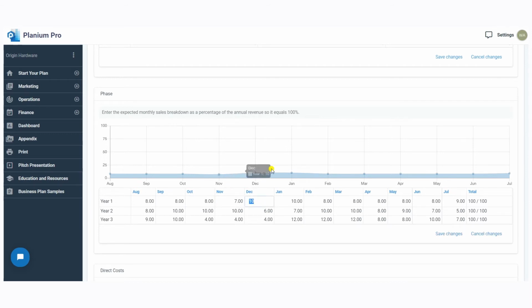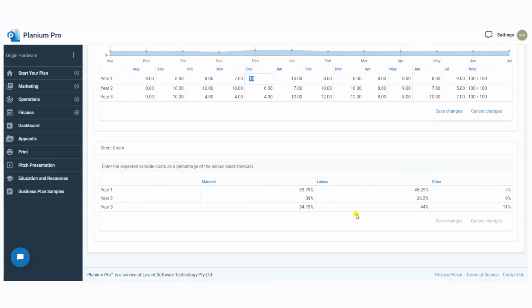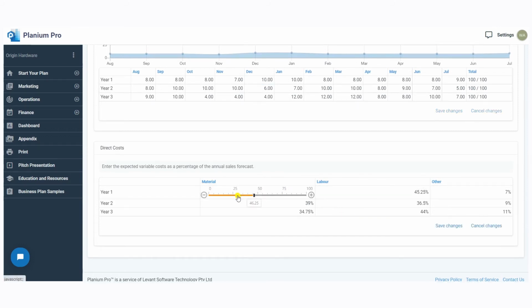Make sure to fill in this section and check that your expected monthly sales breakdown is represented as a percentage of the annual revenue that equals 100%. The same applies to direct costs, which represents the expected variable costs as a percentage of the annual sales forecast.